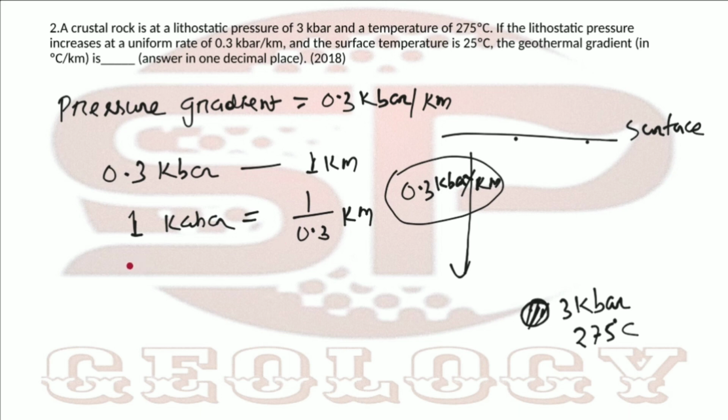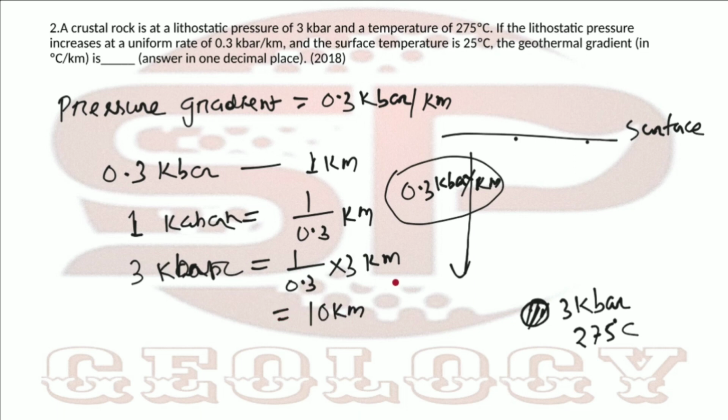Then for 3 kilobar it will be 1 by 0.3 into 3 kilometer. It will be 10 kilometer. So the depth of the crustal rock is 10 kilometer.